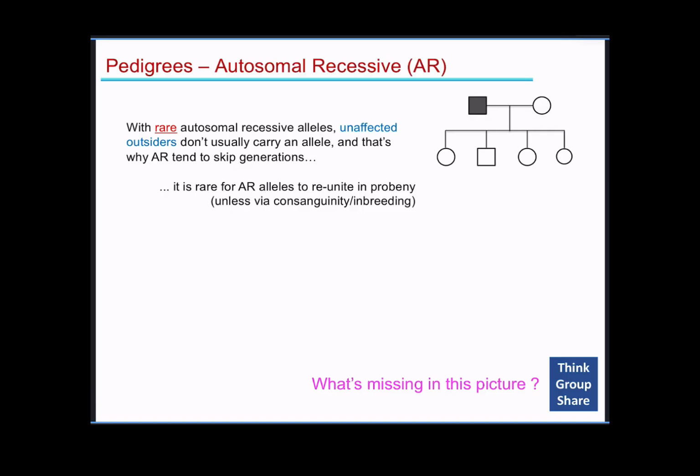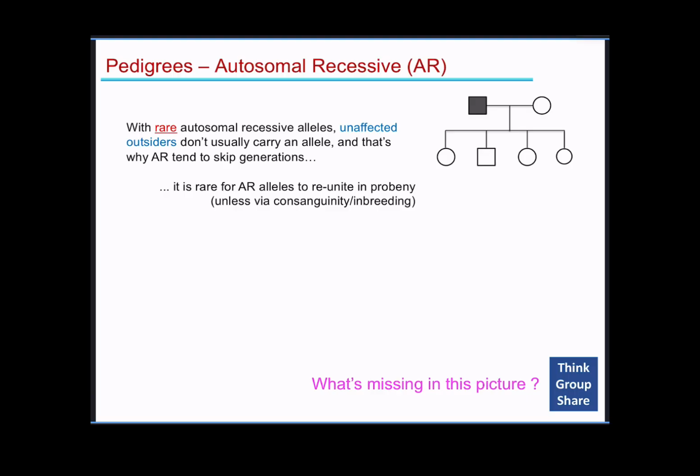In a way, this sort of rephrases what I just said. With rare autosomal recessives, unaffected outsiders, what we mean by that is individuals that are not affected by the condition and come from outside of the family, usually don't carry the allele. And this is for rare autosomal recessives. These are recessive alleles that are rare in the population. So that's why autosomal recessives tend to skip generations.